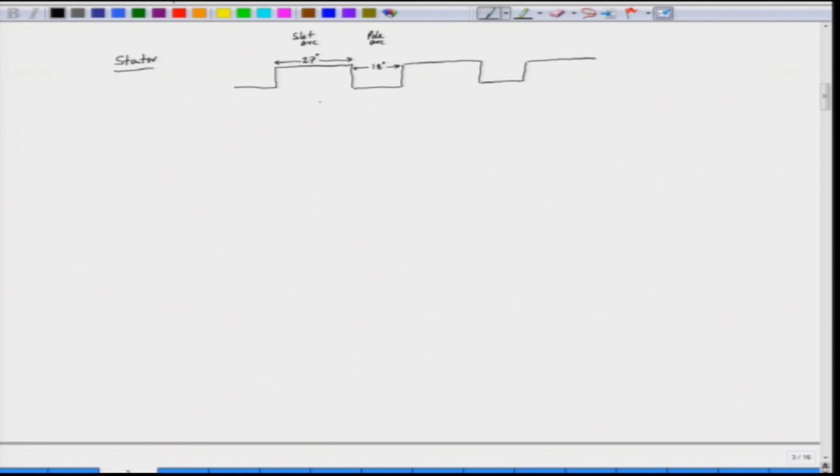And below this we have the rotor. The rotor pole is 24 degrees and the rotor slot is 36 degrees. This is the rotor and this repeats.